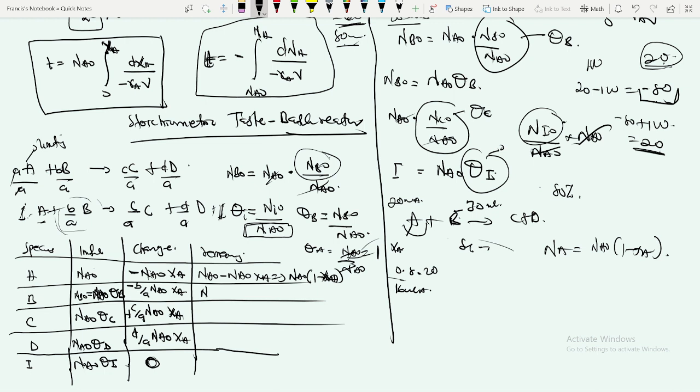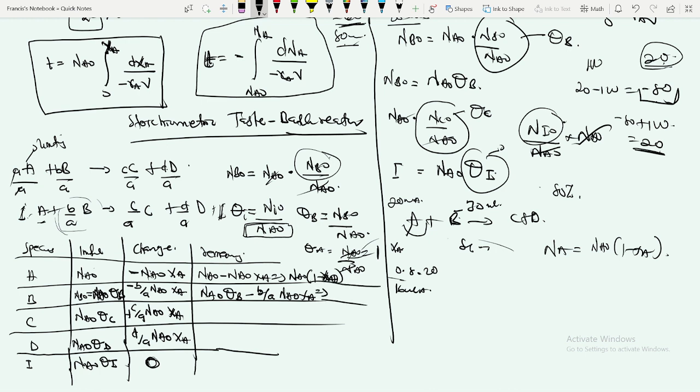And then for your B, the remaining of B will just be your initial, N_A0 theta_B, minus b over a N_A0 X_A. So we have this.